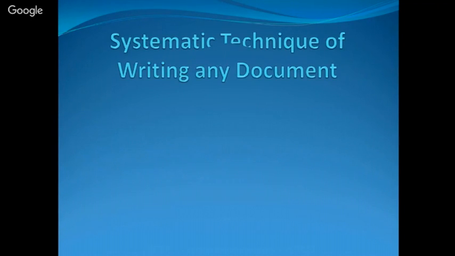Now, the systematic technique of writing any document, whether it is a report or something else. The first is to establish the aim. You need to begin with an aim, because if you do not know why you are writing, then you will never get there, and even your readers will not get there along with you. So you have to specify the broad aim, followed by a list of specific objectives.